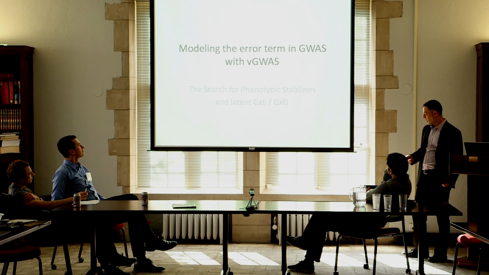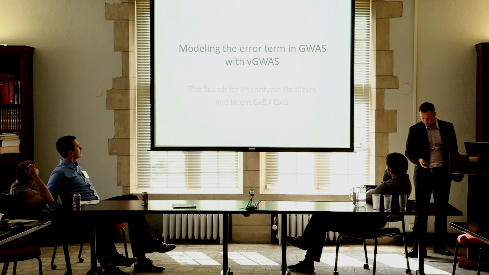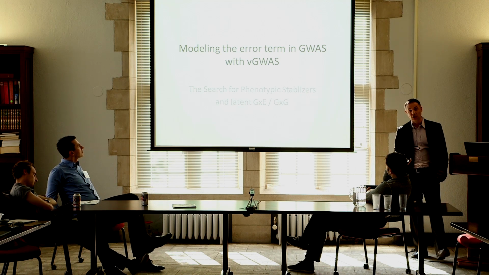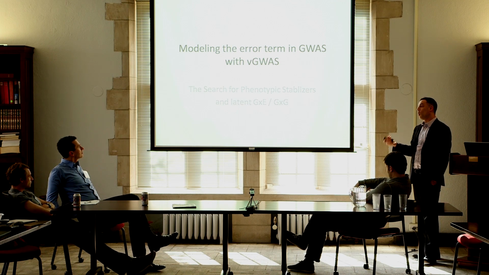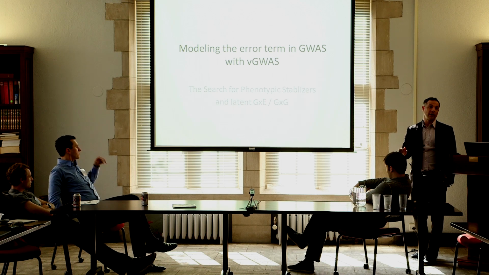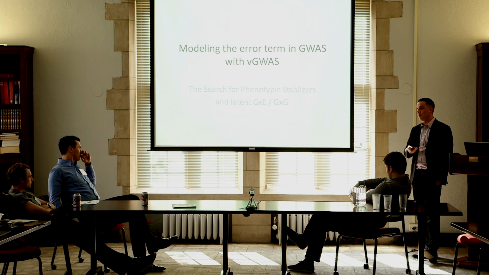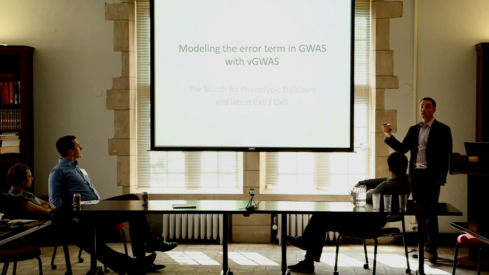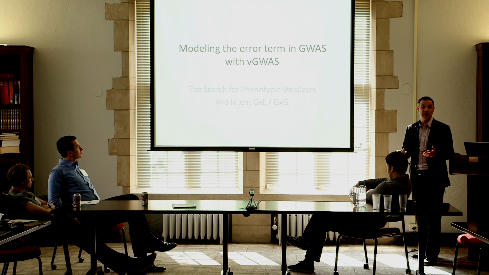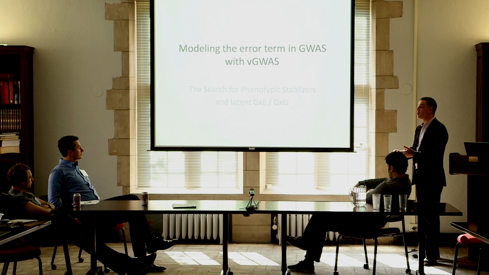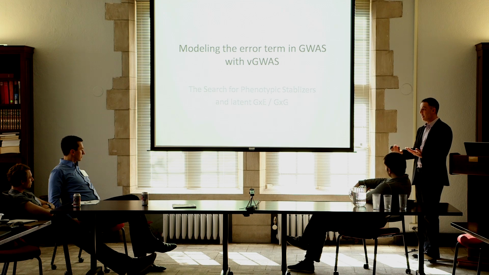The last thing I want to talk about is this modeling of vGWAS. We've heard a lot about G by E. One approach that's growing in popularity is to do the agnostic fishing expedition like GWAS, but for what would be called phenotypic stabilizers, or potential sources of either G by G or G by E interactions.